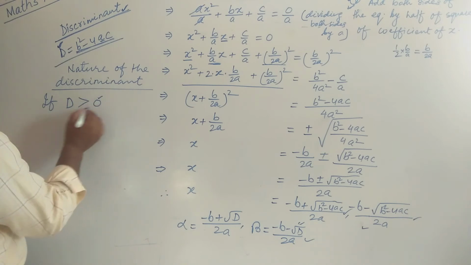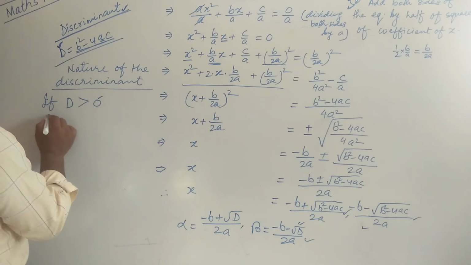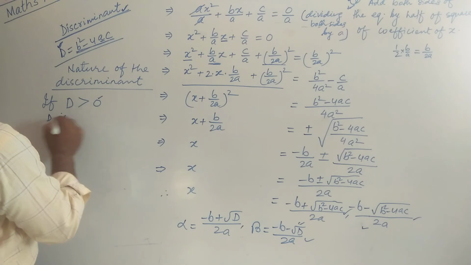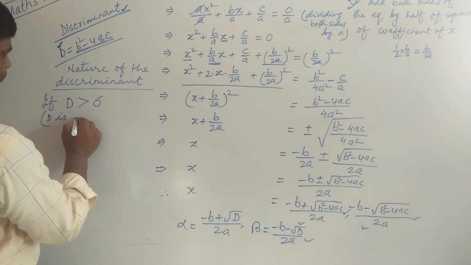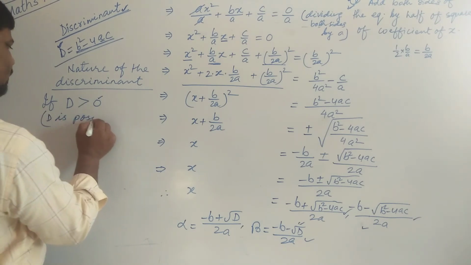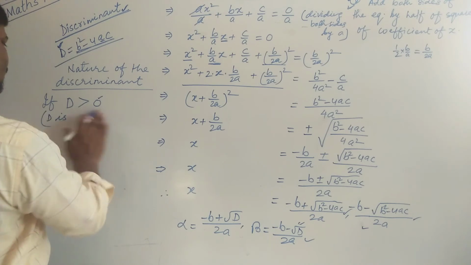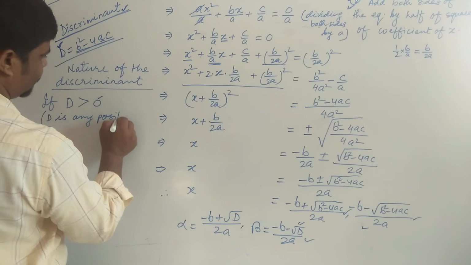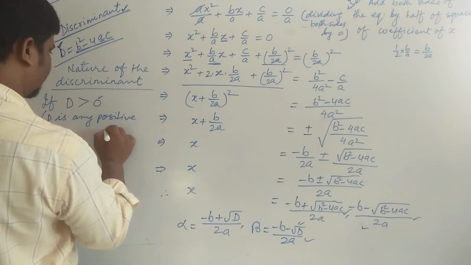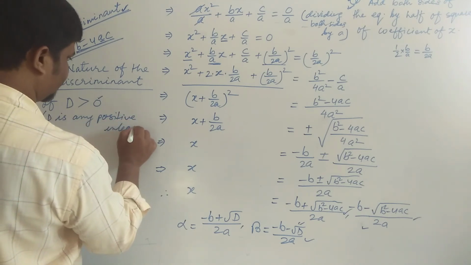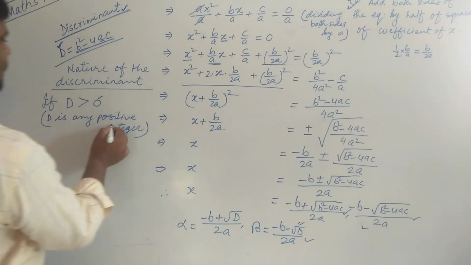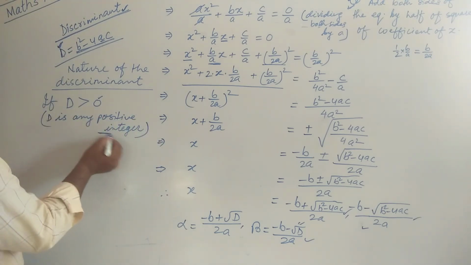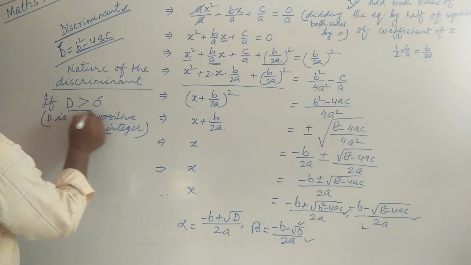It means D is any positive integer. So if D is any positive integer, then D will be greater than 0.